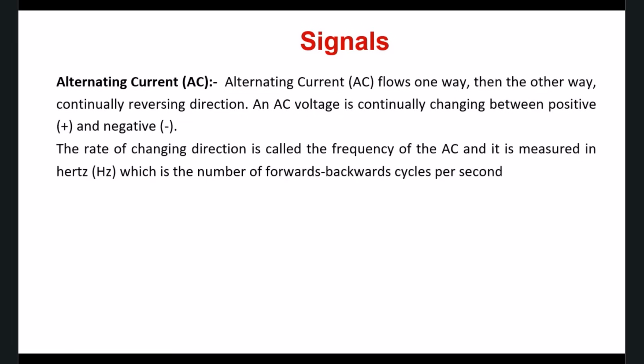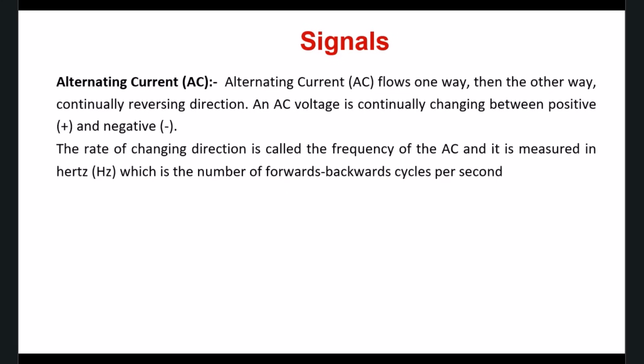And AC voltage is continually changing between positive and negative. The rate of changing direction is called the frequency of the AC, and it is measured in hertz, which is the number of forward backward cycles per second.